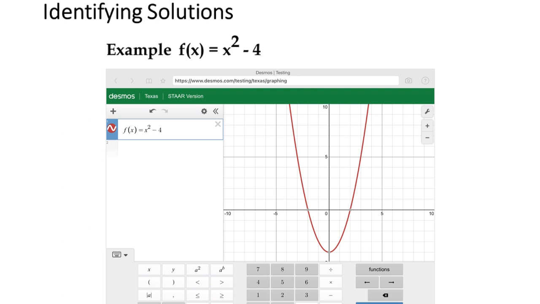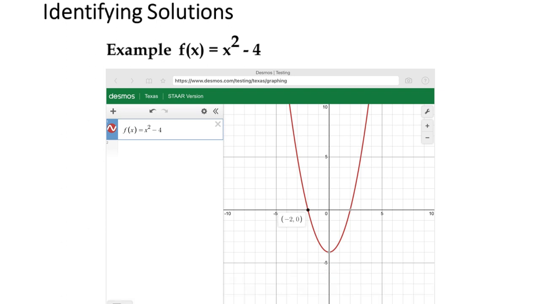We know that the solutions to a quadratic equation are where the graph crosses the x-axis. So the graph crosses at this point, which is -2, 0, and at this point, which is 2, 0. Therefore, my solutions to this problem are x is equal to 2, x is equal to -2.